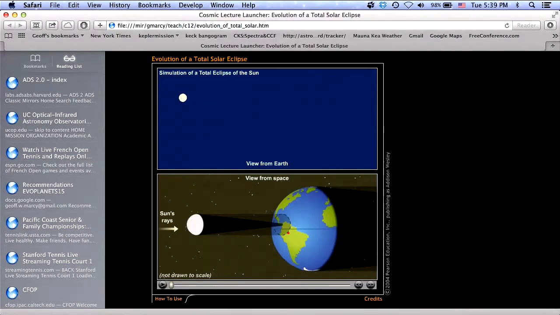Okay, so now you can see again the same picture. Moon, Earth. Where's the sun? Oh yeah, it's over here to the left. Sun's rays illuminating the moon, blocking the light that would have hit the Earth. And now the hard part.